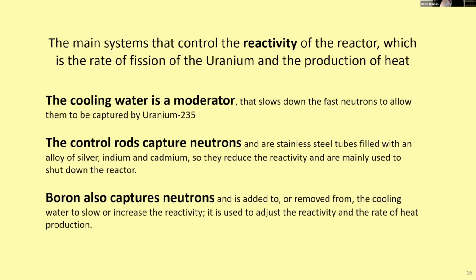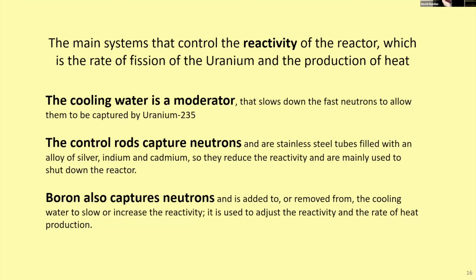It's not an issue in a pressure water reactor because it's always full of water, but it becomes an issue in a boiling water reactor where they're boiling the water to steam within the reactor. So the cooling water slows down those neutrons to allow the uranium to capture them.